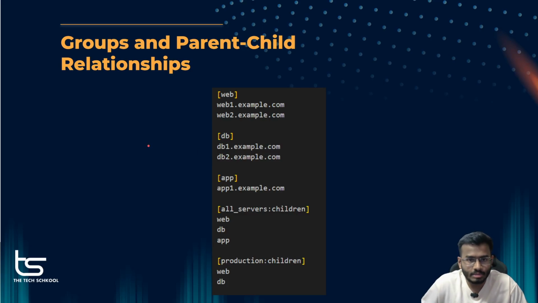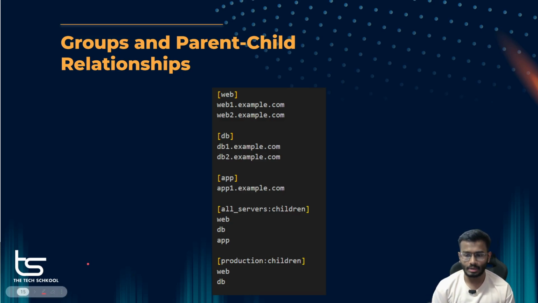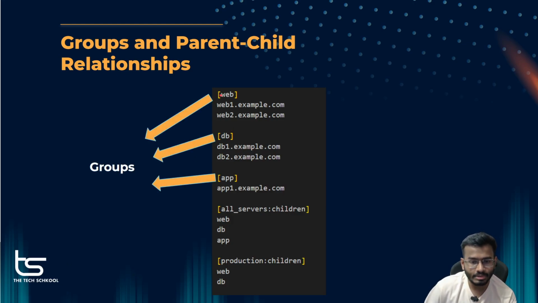As I mentioned previously, what exactly is inside this bracket and what does it mean? I will explain that in this slide. This is very important to understand, because when the infrastructure gets bigger, groups and parent-child relationships help us a lot to consolidate that data. What is written in this bracket is called a group, for example web servers.